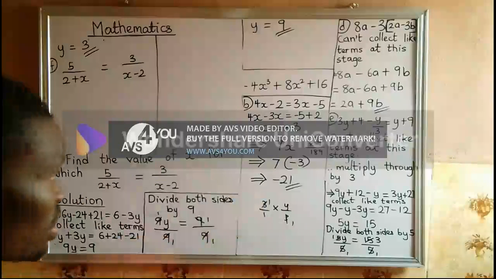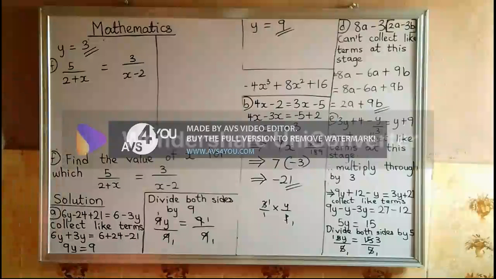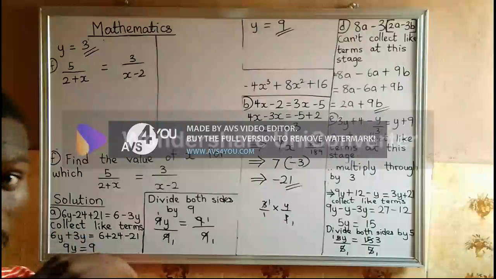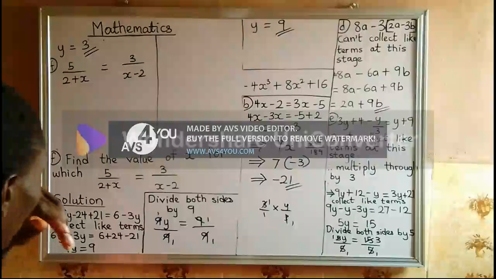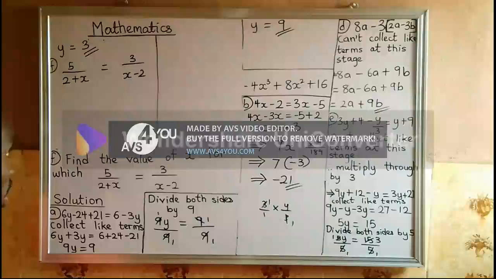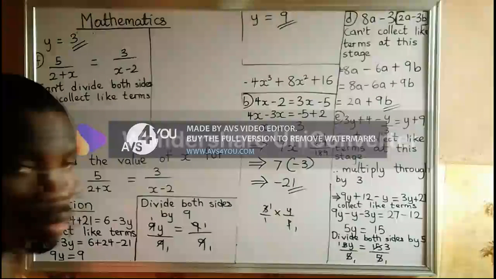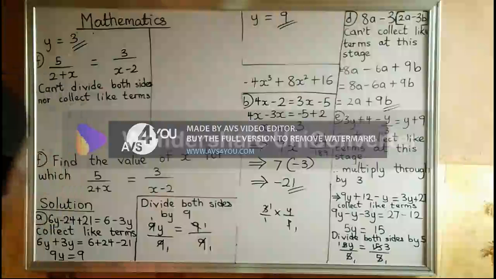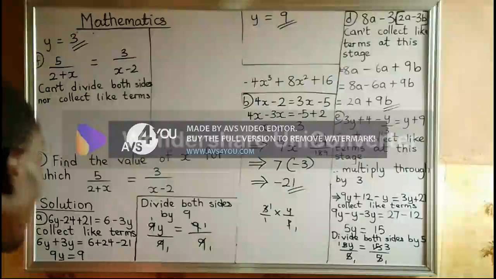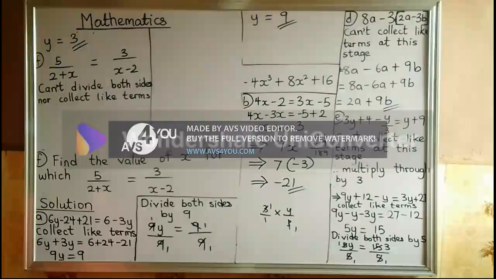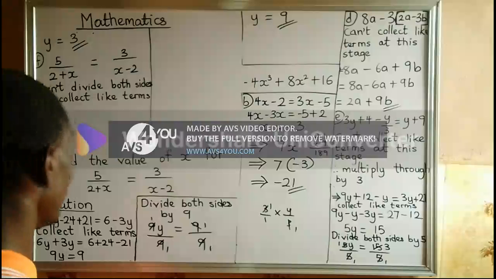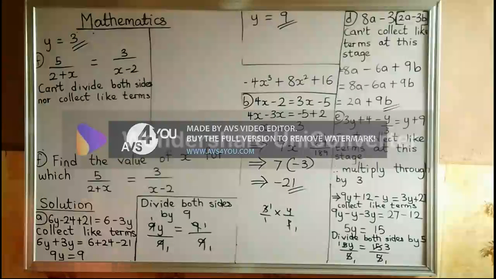So let's move to the next one, which we are considering now. Let's see if we can collect like terms. We can't collect like terms. Why? Because there are fractions there. So we can't divide both sides by anything, nor could we collect like terms because there are fractions there.